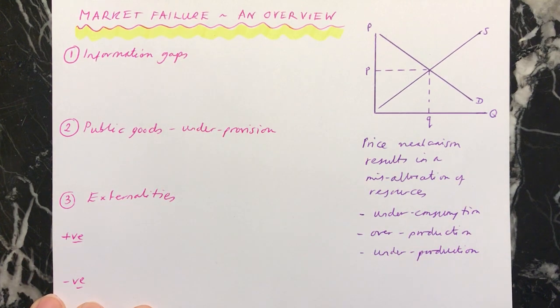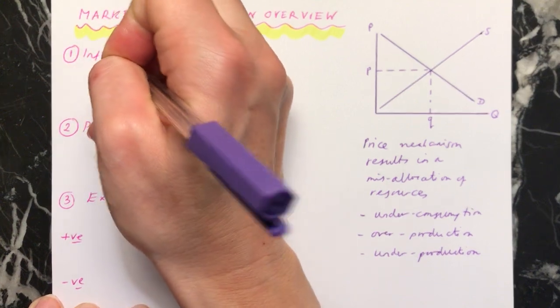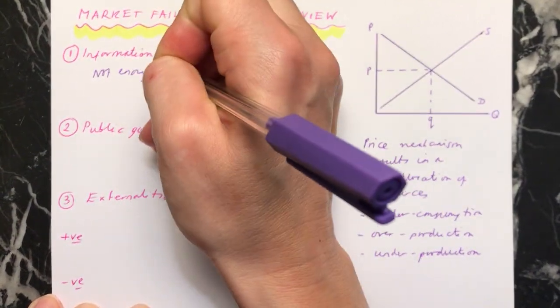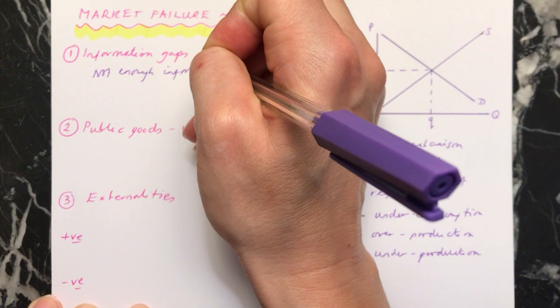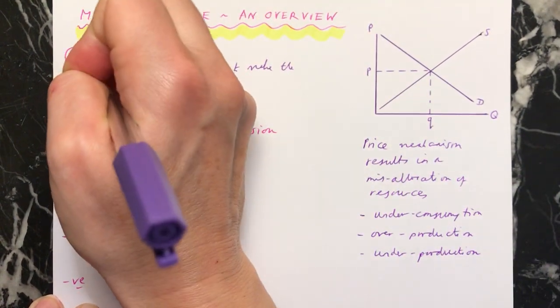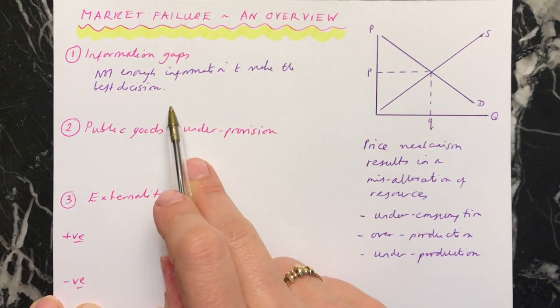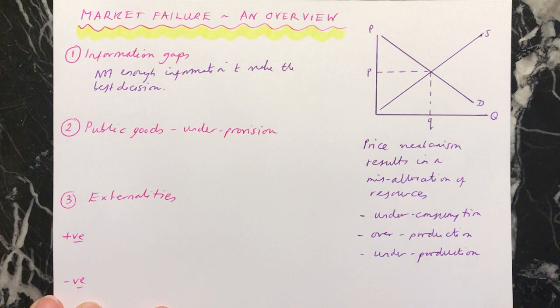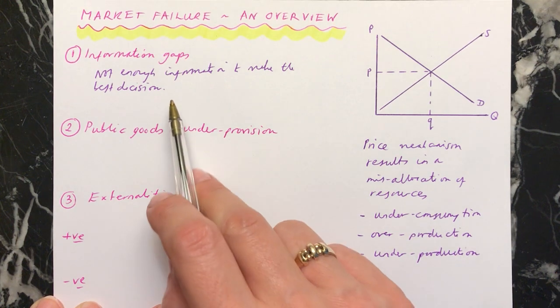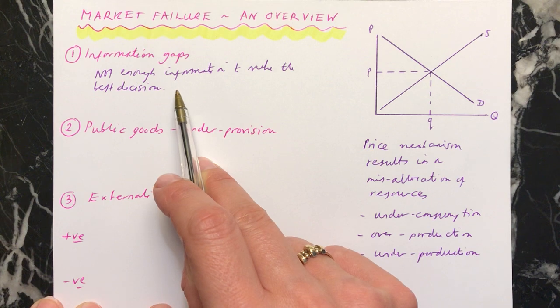An information gap is where somebody doesn't have enough information to make the best decision. So this is where somebody has a gap in their information. They don't know enough about something, and either they're going to consume too much of something or too little of something.